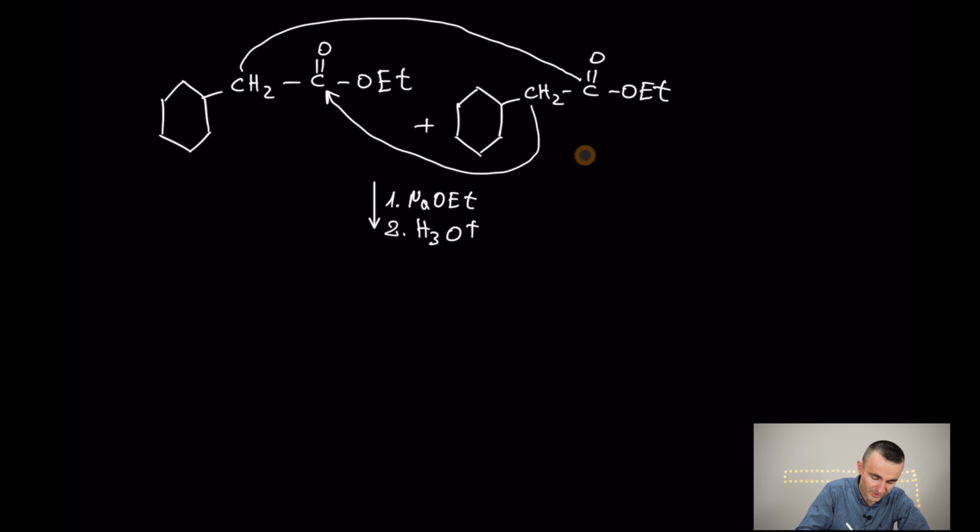So how to write it straight? First, what do you have? This carbon here is going to be connected with this one here. So the one that is going to be connected, that is the acceptor, is going to lose the alkoxy group. This is going to remain the same, intact. Only this is involved with this carbonyl group here. So here, what we have?